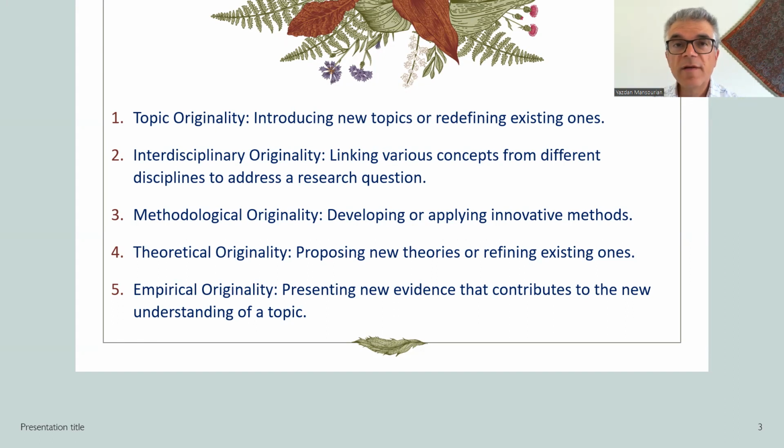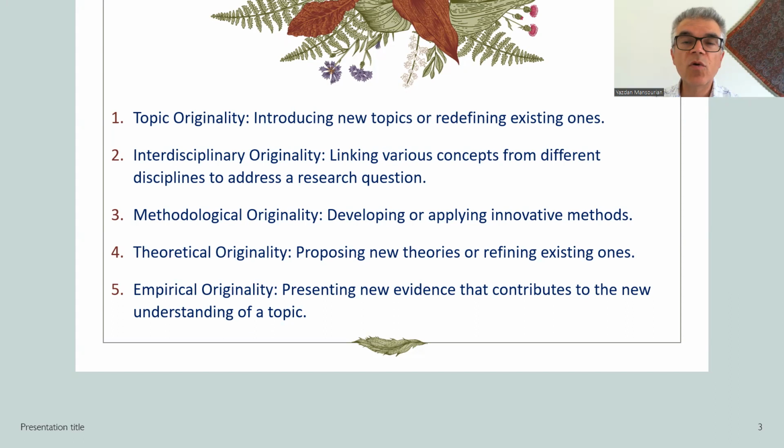When you are using new methods in a topic that there are papers about, you are looking at the same issue with a new method. So, for example, if there are many papers with a quantitative approach, then you can look at the same topic with a qualitative approach.